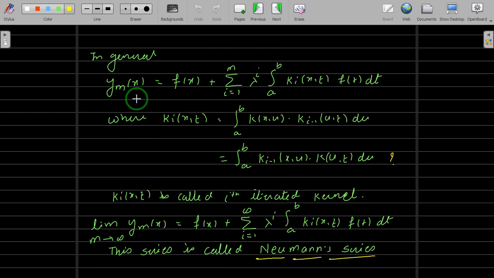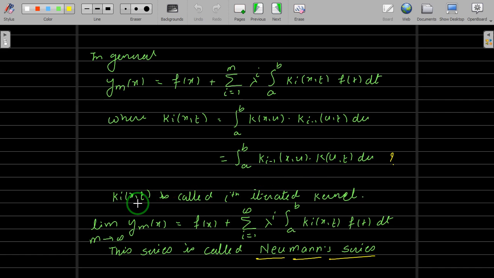We have written ym of x as f(x) plus the summation from i equals 1 to m of lambda raised to i times something. Now this is through observation. We have found y1, y2, y3, and then we generalize this. Where this ki of x comma t is what we have taken, and I told you to check whether both are the same. That's your job.